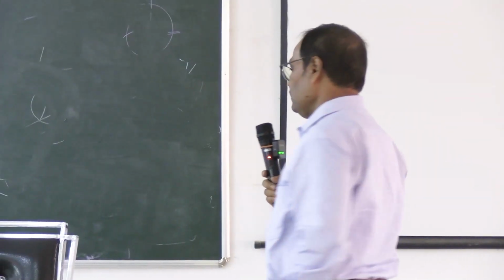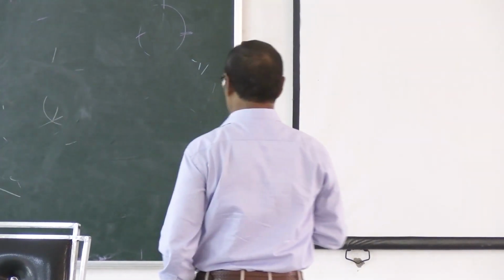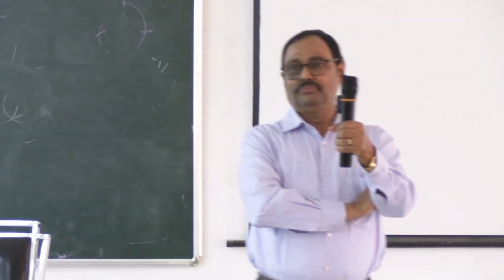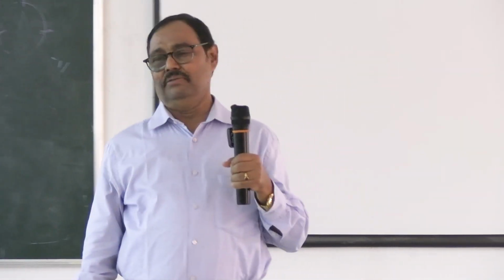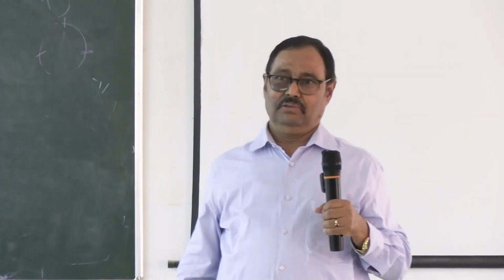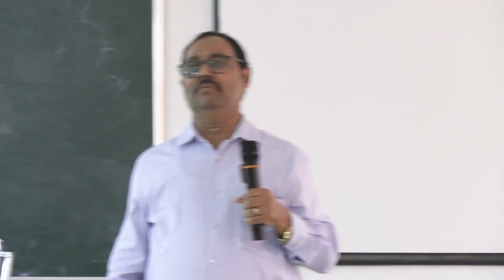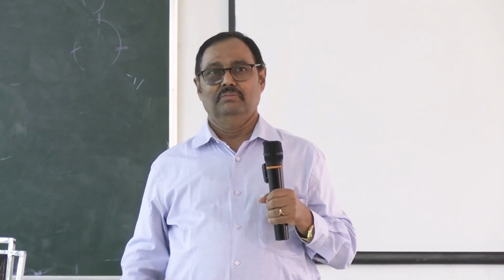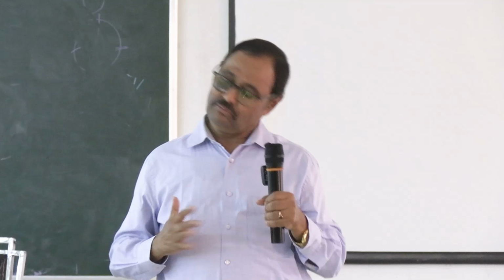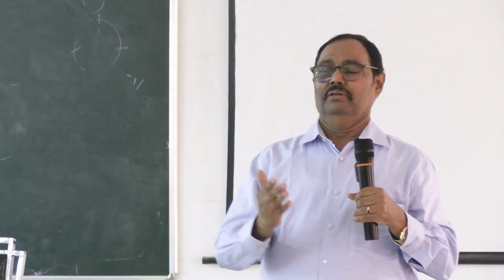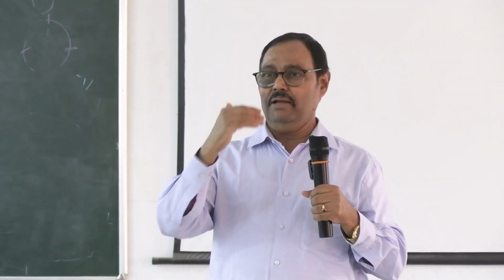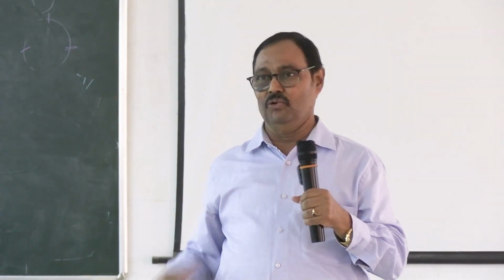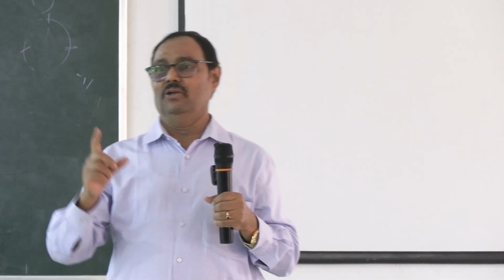ABPI, the ankle brachial pressure index. You have to measure the systolic blood pressure at the arm and at the ankle. The index is the ankle systolic pressure divided by the brachial systolic pressure.